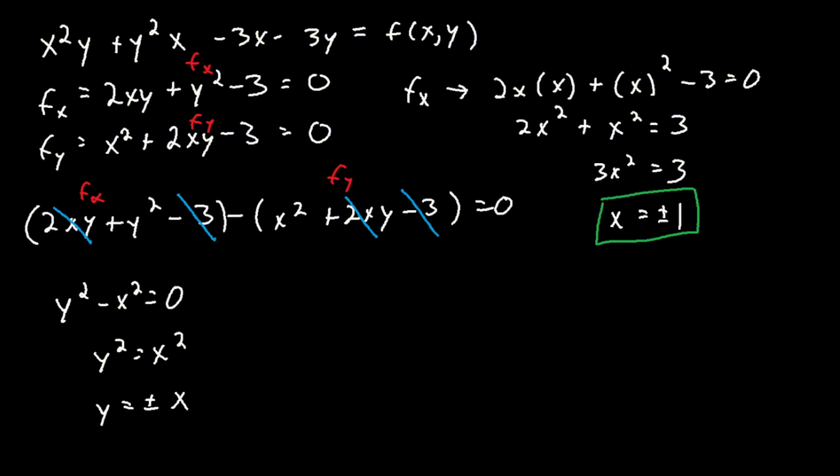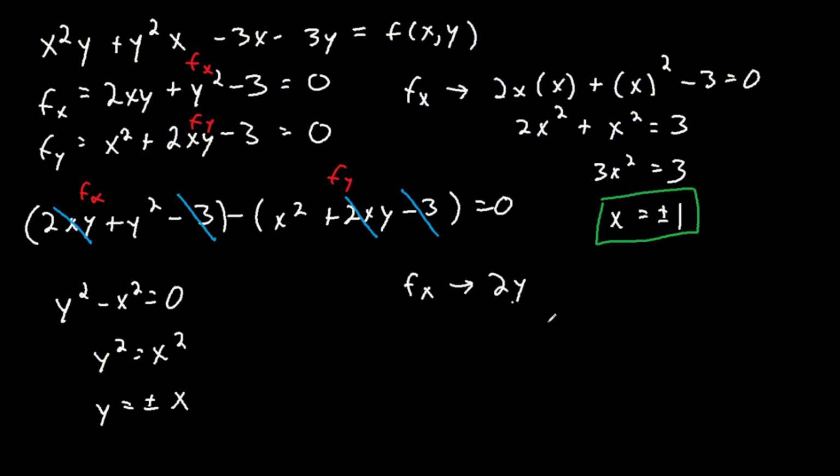Now we have to solve for our y values. So when x is equal to plus or minus 1, let's plug it back into this equation up here. So for f of x, let's plug in plus or minus 1 for x, and we'll start off with 1. So we plug in 1 into our f of x function for x.